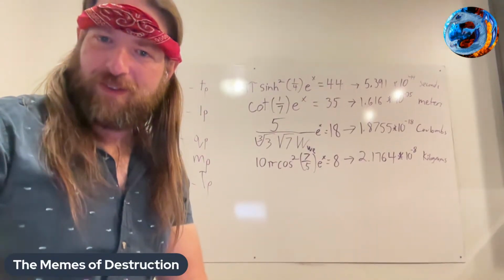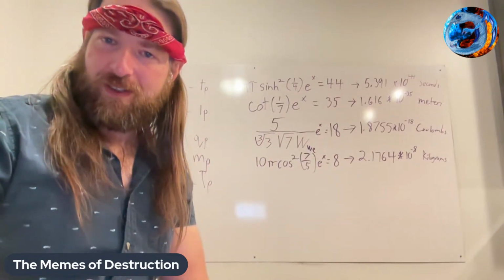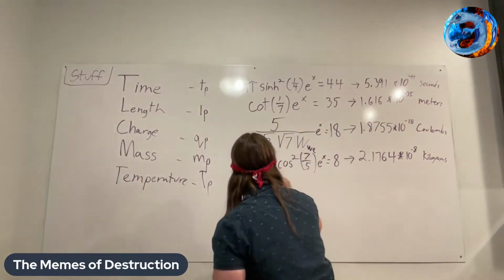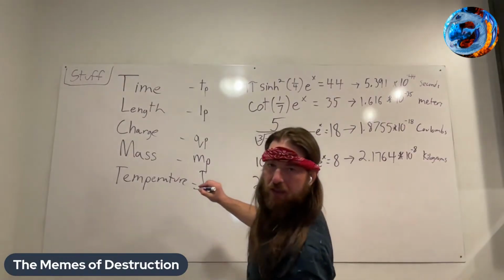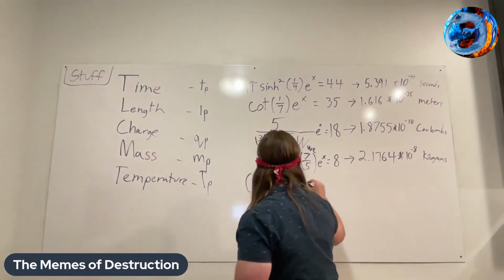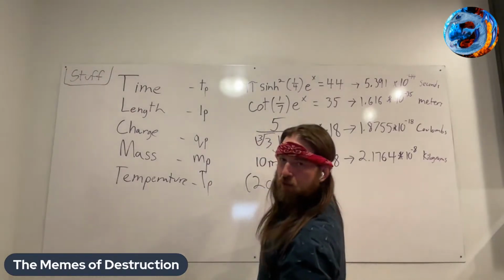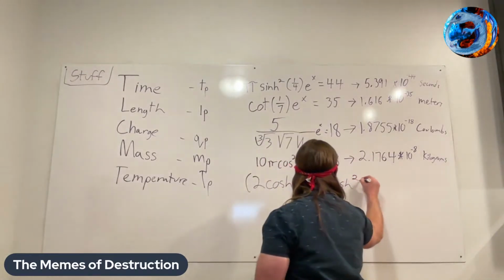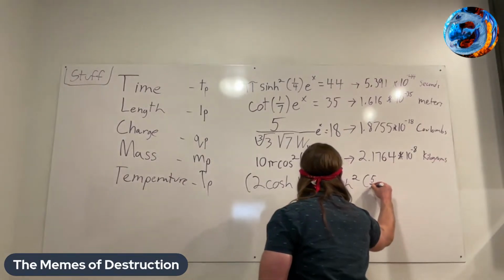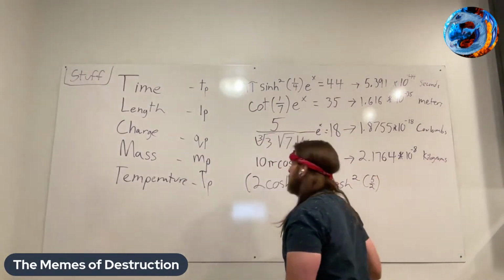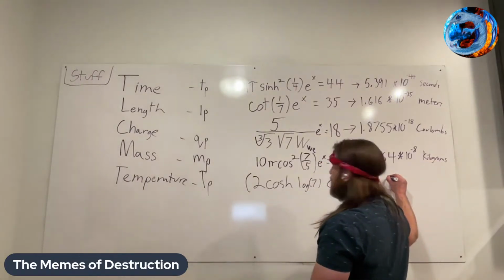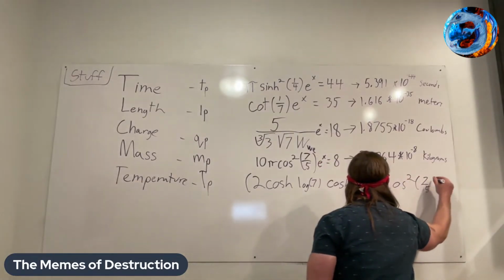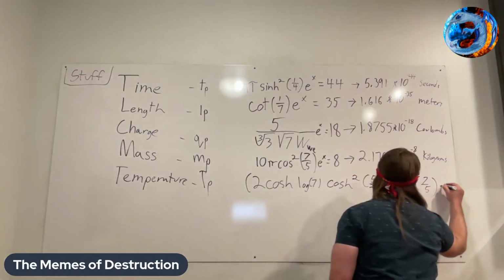Let's see, where was it? All right, so we get 2 cosine hyperbolic of log 7, squared, times 5 over 2, squared, times 7 over 5, and e to the x.